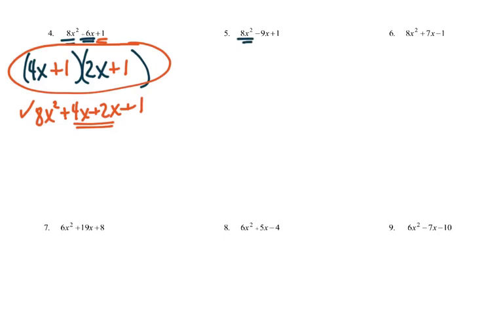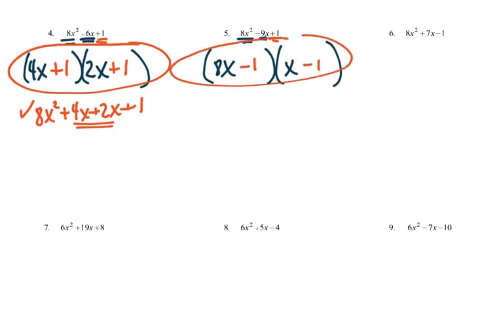Again, keeping with the 8x squared, now I don't know if it's 8 and 1 or 2 and 4, but I see that 9, and 9 is 8 plus 1, so I'm going to use 8x and x. Now I need numbers that multiply to positive 1, but with that middle term being negative, they have to be two negatives. 8x squared minus 8x minus 1x plus 1.